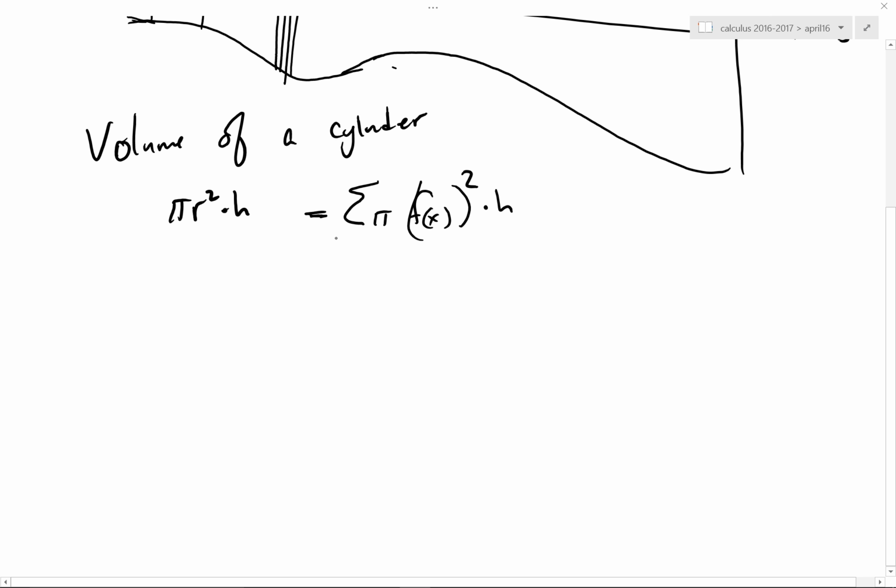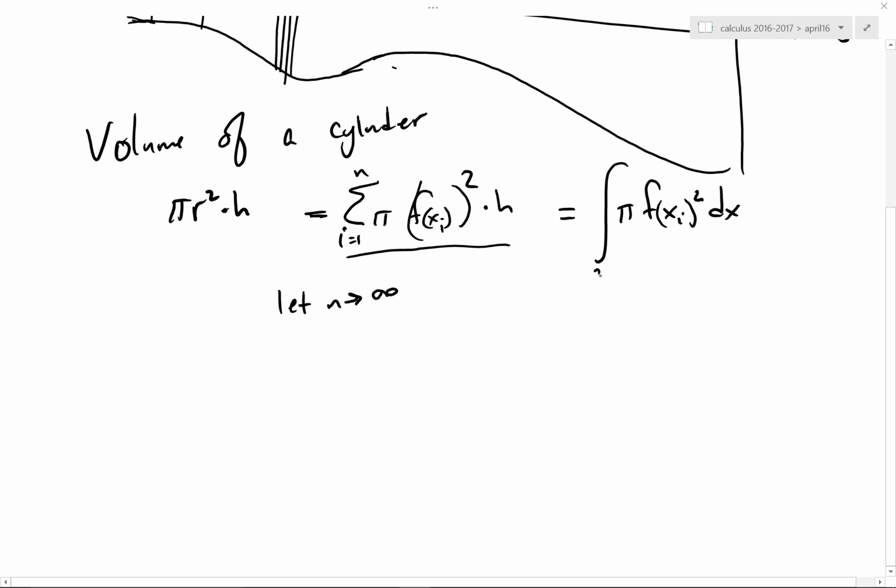Yes. And so if a person were to do something like this, well, let's do i goes from 1 to n. And these are the i's in there, if you will, yes? So here's my question, friend. If I let n go to infinity, this thing here becomes an integral from a to b.